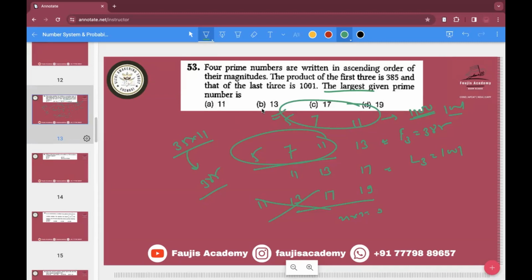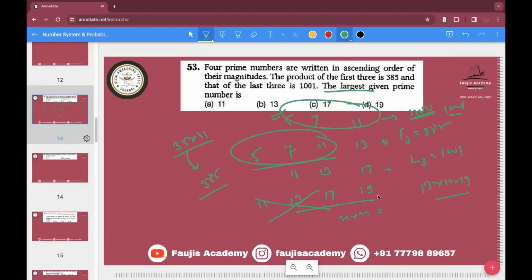So what will the largest one be? How will you eliminate this one? You can find the magnitude of it. This is somewhere close to 2400. This will give you more than 3000, right? How much is that? 13 into 17 into 19.